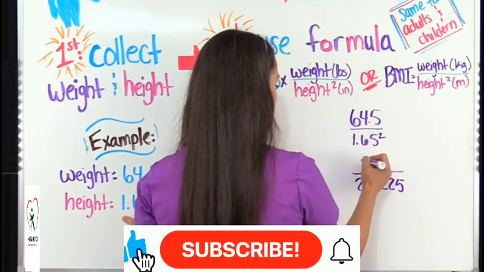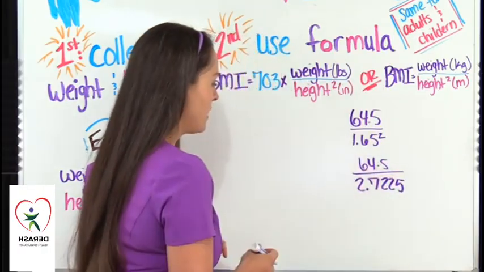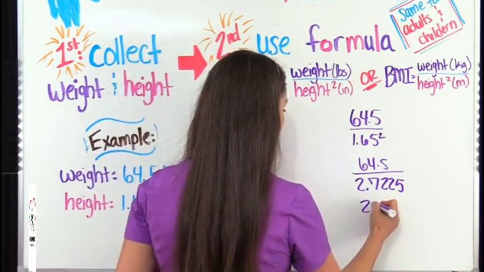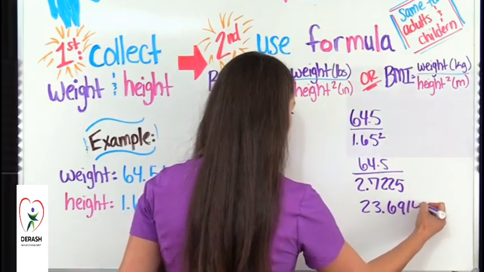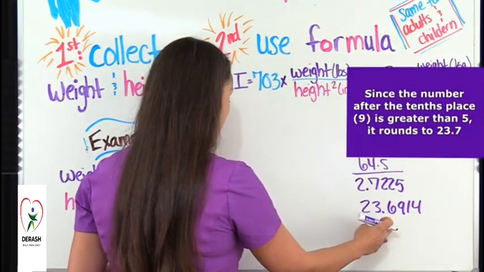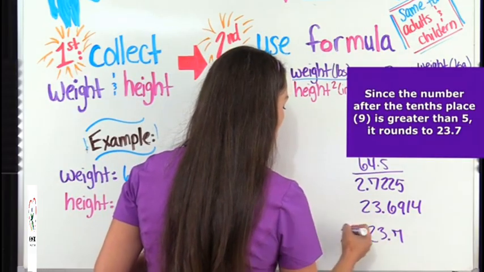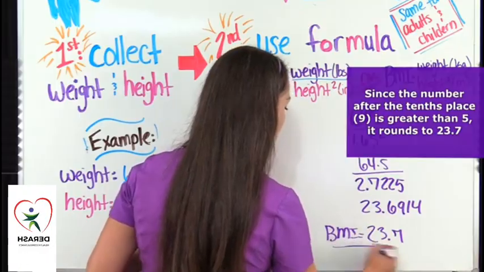And we're going to bring down our 64.5, and we're going to just divide that out. Whenever we divide that out, we get 23.6914, and we're going to round to our nearest 10th, that 1st decimal point, and that's going to give us 23.7 as the BMI of our patient.